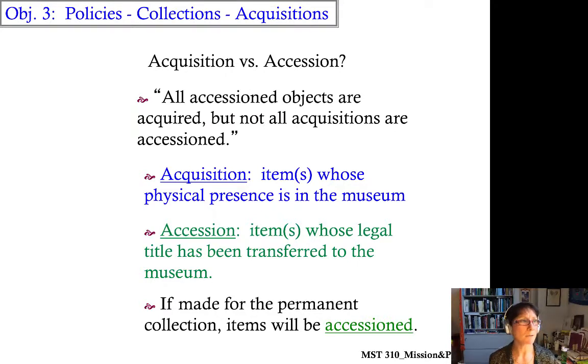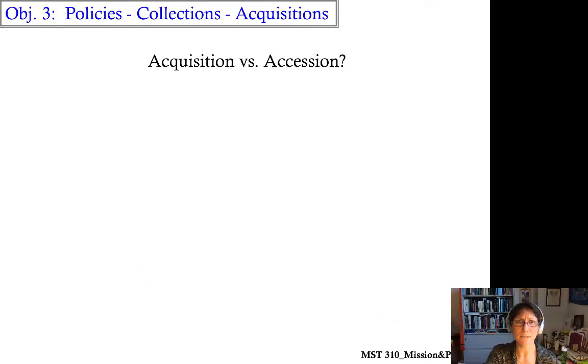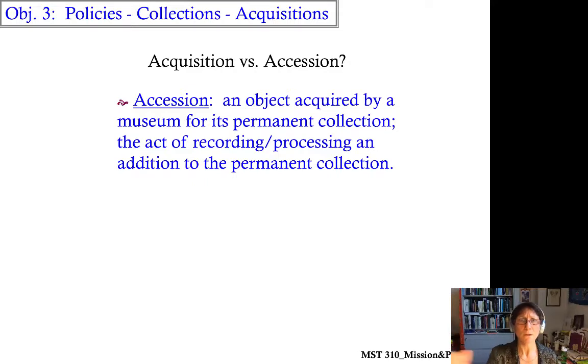If you're acquiring objects that will be used in the short term or are just loans, then these are just acquisitions. They're not accessions. So let's talk about that in a little more detail. An accession is an object acquired by a museum for its permanent collection. It's the act of recording or processing an addition to the permanent collection.